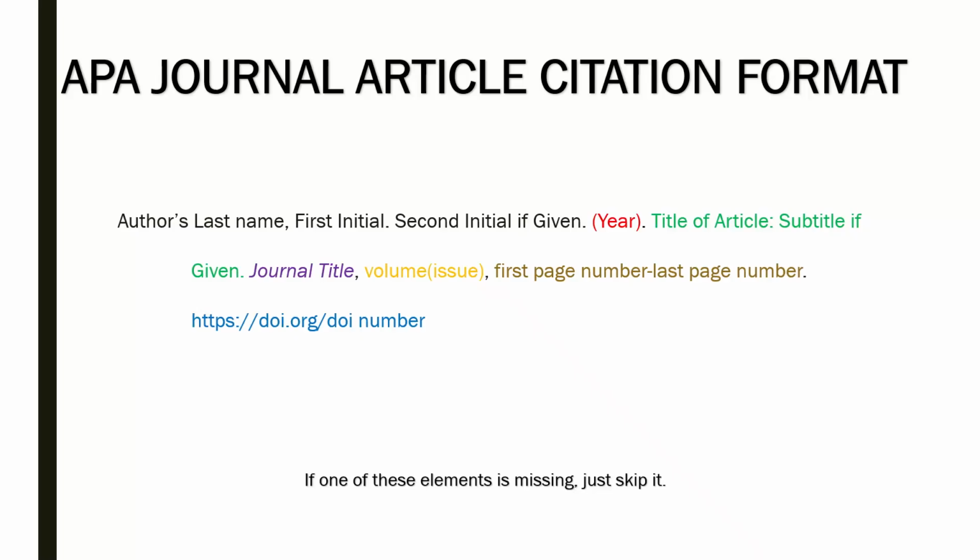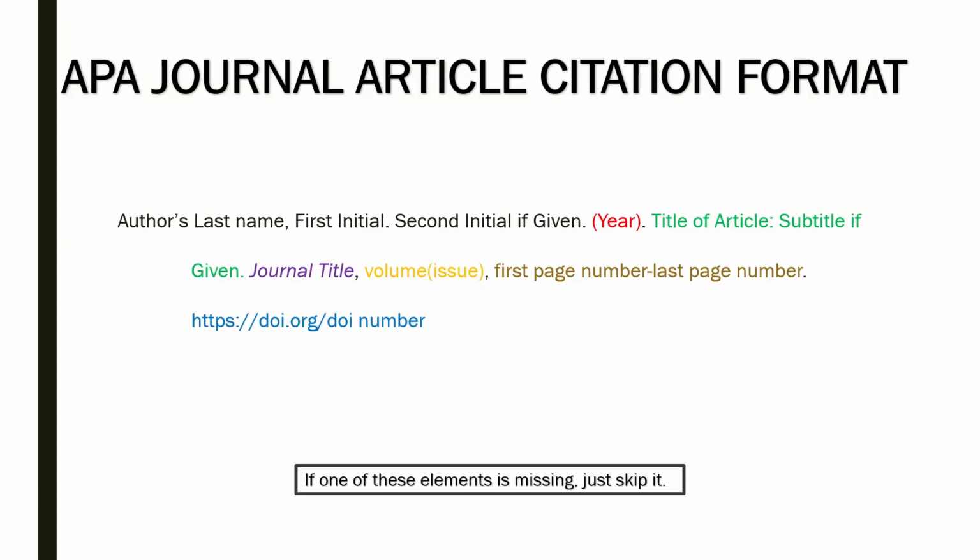Then you'll need the pagination, or the pages within the journal where the article can be found, then followed by your location, which could be a DOI or a URL. Now let's move on to citing a journal article.